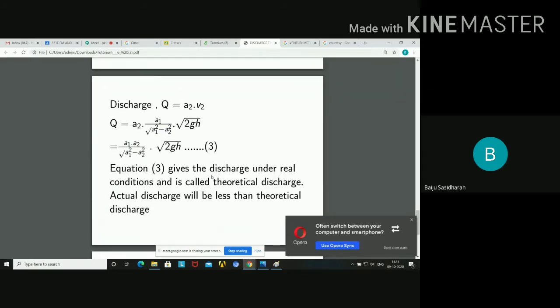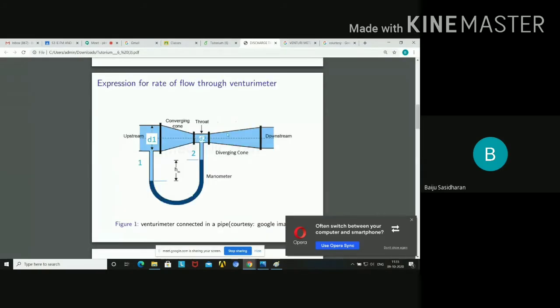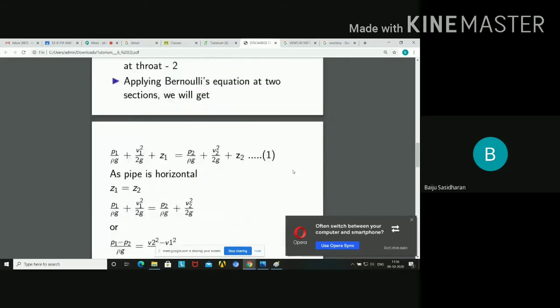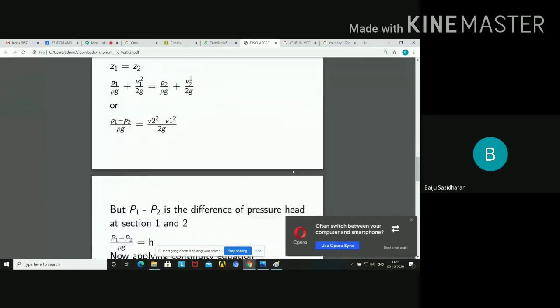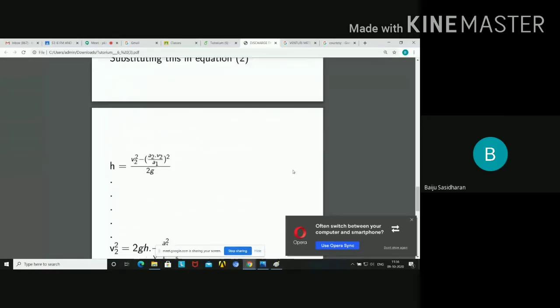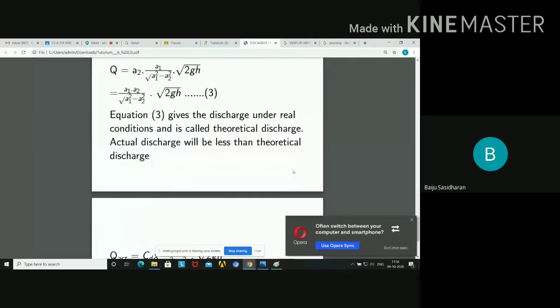How can we find the actual discharge? The flow will be collected in a collecting tank, and for a particular time, the volume of water collected will be measured, that is V by T. That will be the actual discharge, which is normally less than the theoretical discharge.